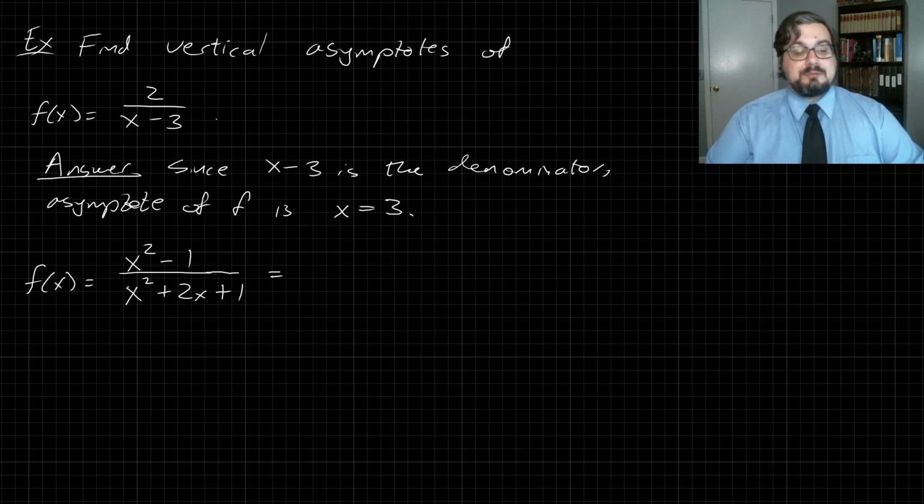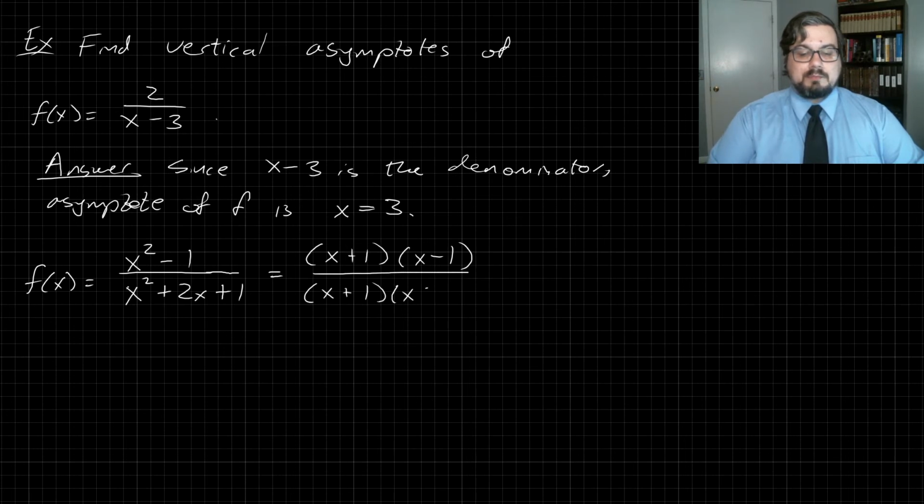We didn't have to the first time because everything was already factored. Here we do. So we'll factor the numerator and we'll factor the denominator. In this case, this is what the factors look like. Now here, you'll notice that there's a common factor that appears in both the numerator and the denominator. The factor x plus 1 appears in both.